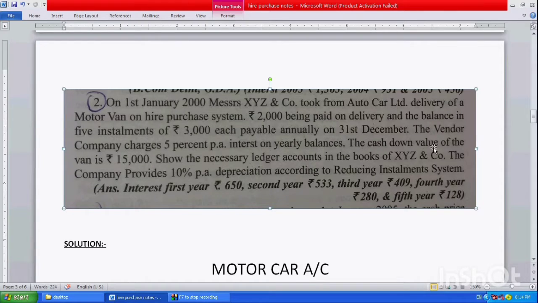There is no depreciation mentioned, so the company provides 10% depreciation according to the reducing installment method.